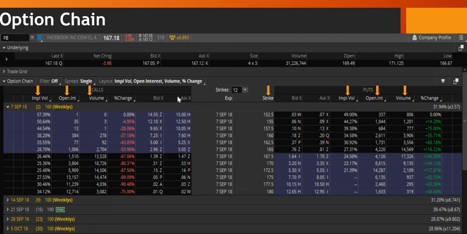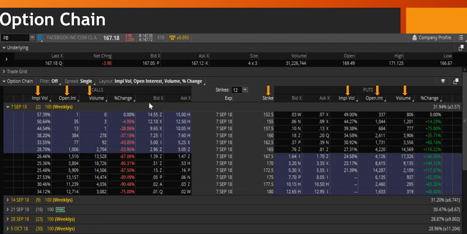The ask is where you buy it. So when you're entering into a call or put option, you enter by clicking on the ask. So if we come down here, any one of these numbers here would be the cost for us to enter the trade per contract.